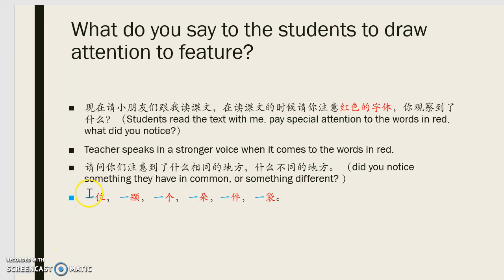And then they will notice that we have 一位, 一个, 一颗, 一朵. The character in blue is the same, but the character in red is different, because the blue character just means one, and the different thing is the measure word. So 位, 个, 颗, 朵 are different measure words for different things.